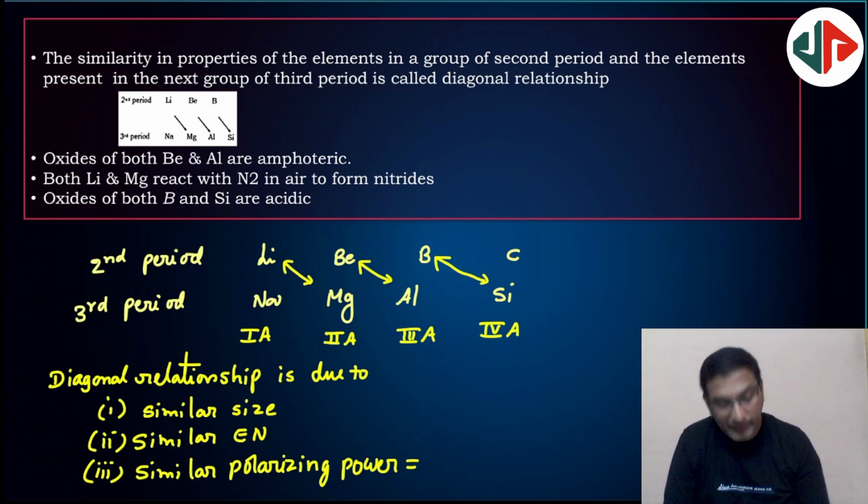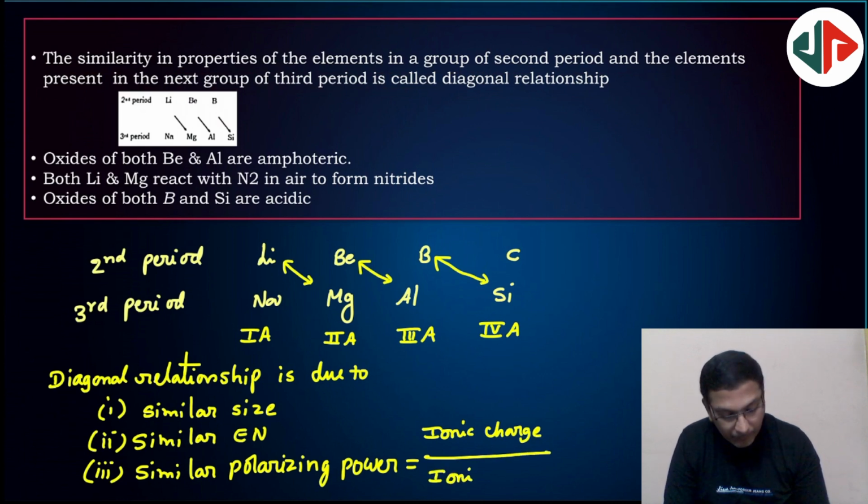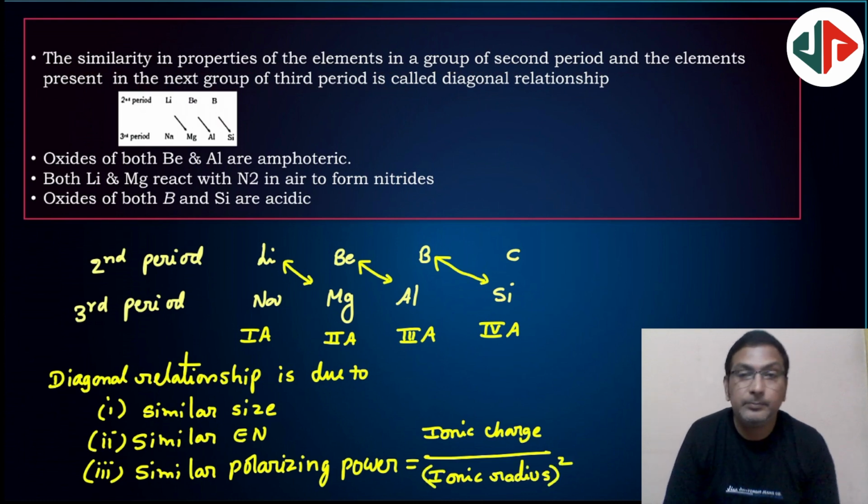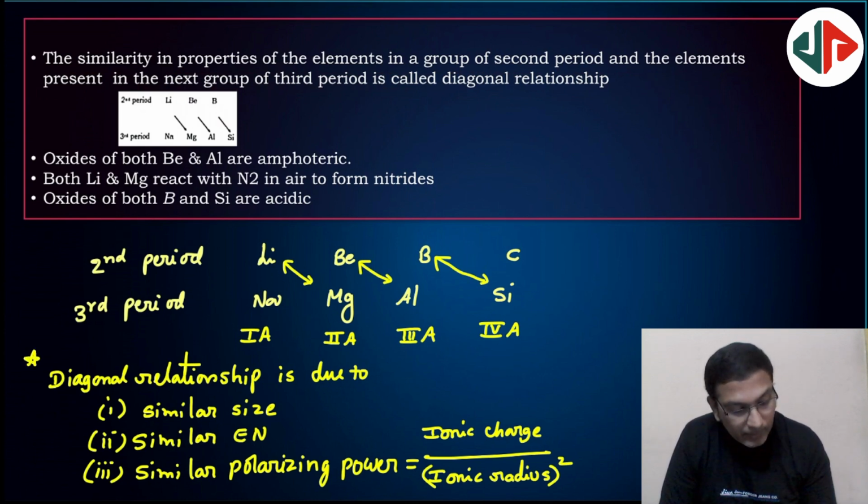Polarizing power means ionic charge by ionic radius square. So diagonal elements will be having these three properties. That means simply lithium and magnesium will be having similar size, similar electronegativity, similar polarizing power.